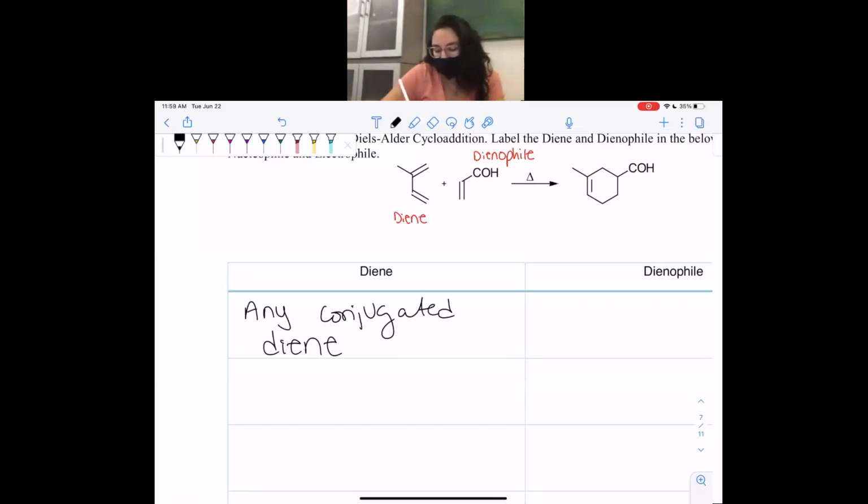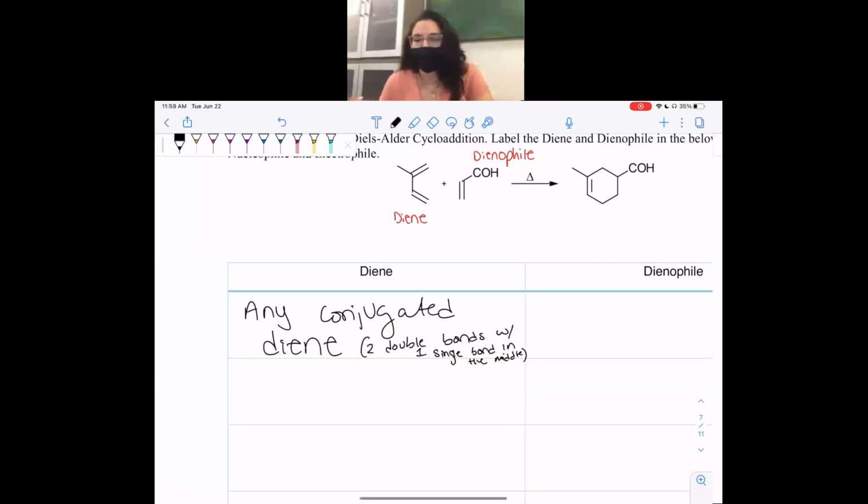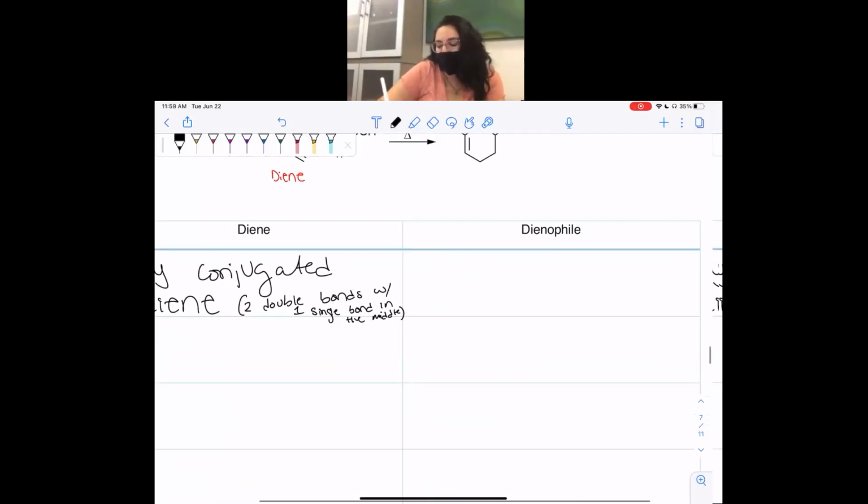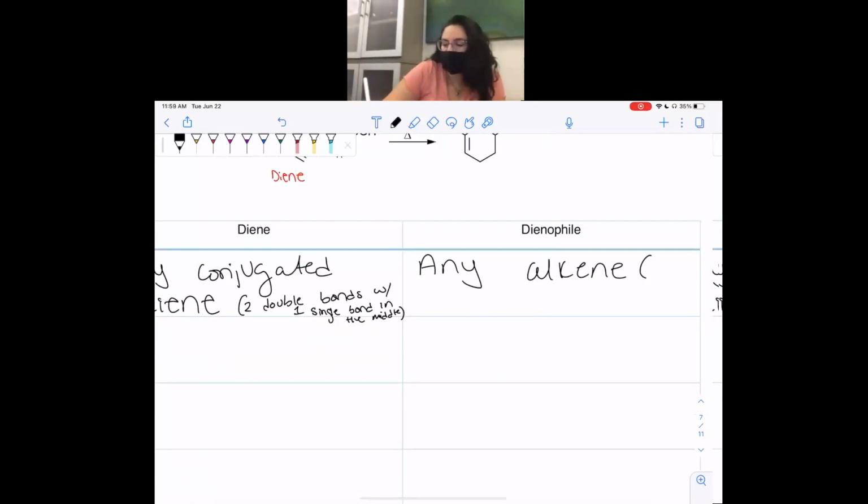And we know that a diene is two double bonds with one single bond in the middle. You probably can't even read that, but that's fine. The dienophile is going to be any alkene, which is a double bond, or alkyne, which is a triple bond.